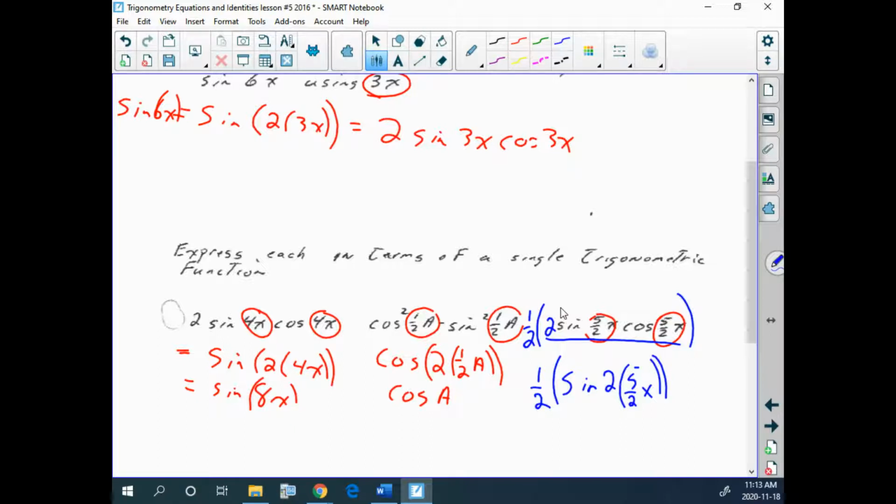I had to manipulate a little bit to get it to work. 1/2 sine of 5x. I did not have an actual identity that was just sine of an angle, cos of an angle. Putting a 2 there, and then multiplying that entire thing by 1/2 did not change the expression. It allowed me to substitute in my identity.